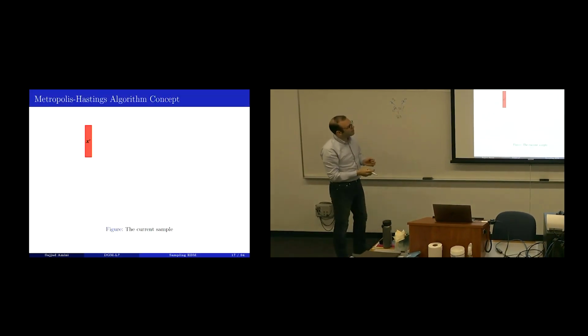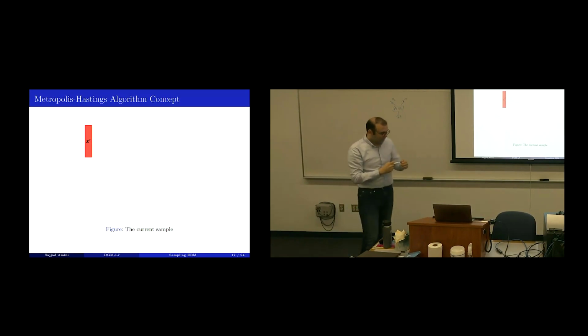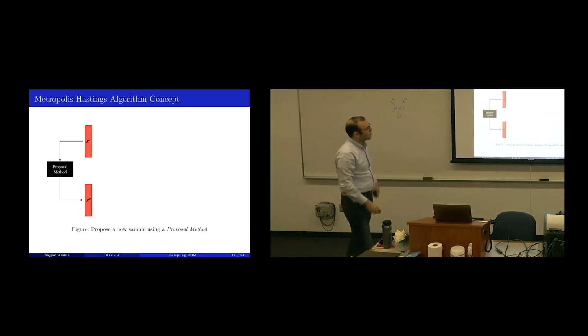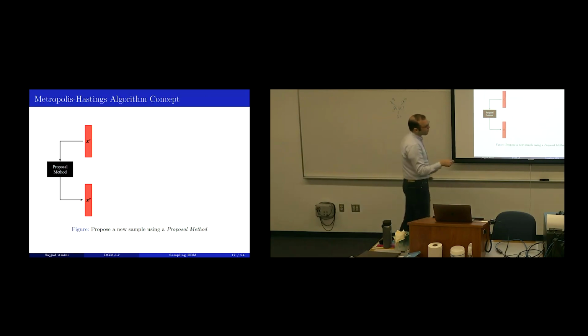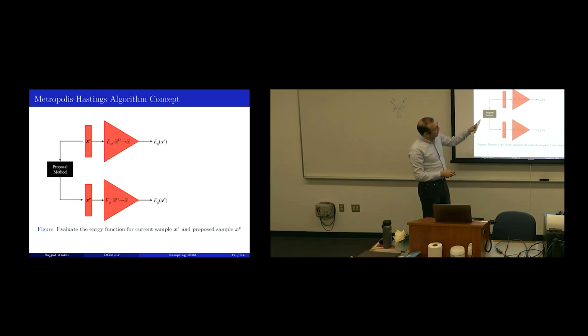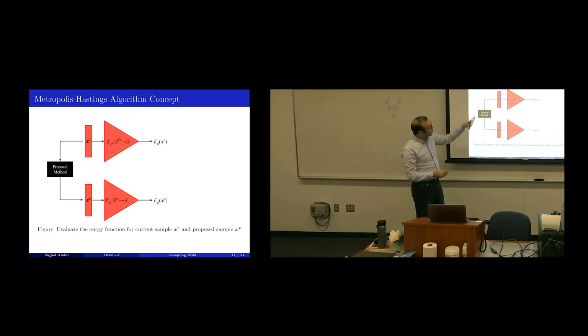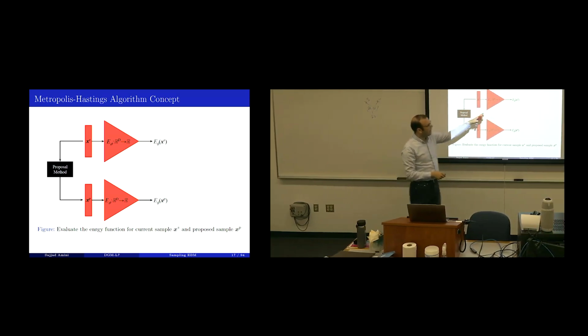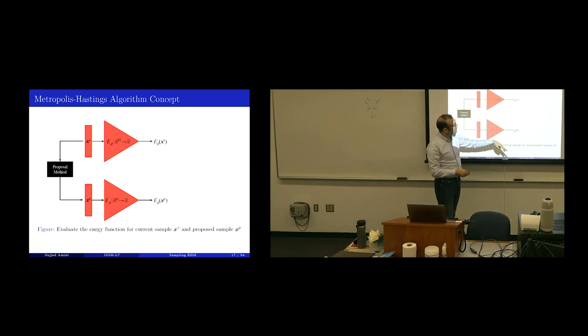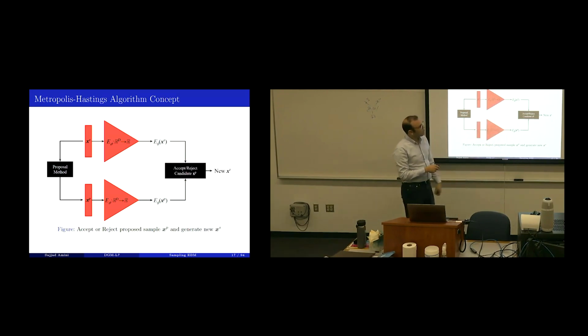I think I have a great figure here. Yeah, that's better. Assume I have XS. What happens next? There is some black box here. We do not know the black box. The black box is a proposal method, and this method proposes a new XP. Then I estimate the energy of each of these two samples, E theta of XS and E theta of XP, and based on their energy, I decide to accept or reject XP as a new sample.